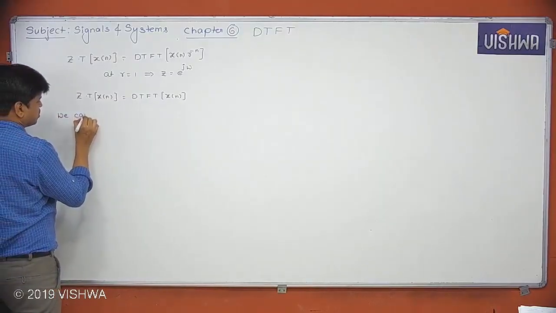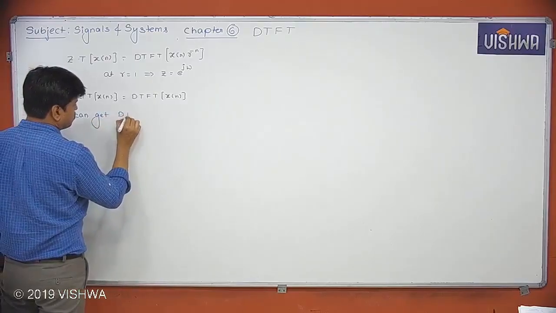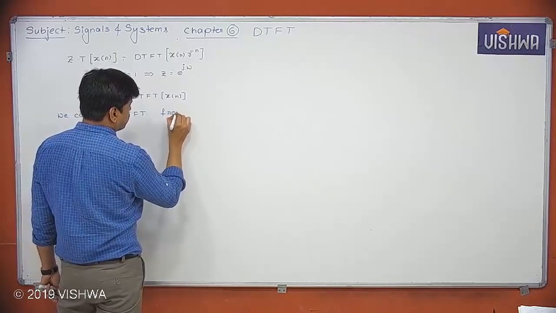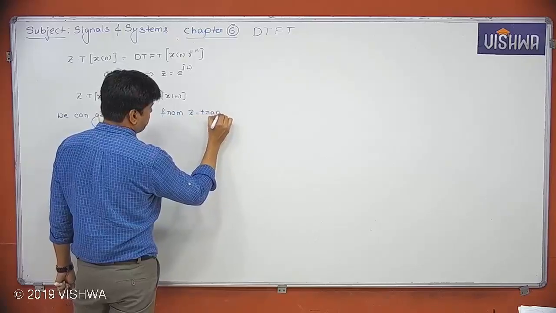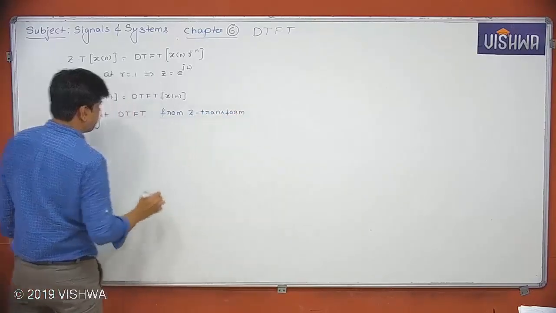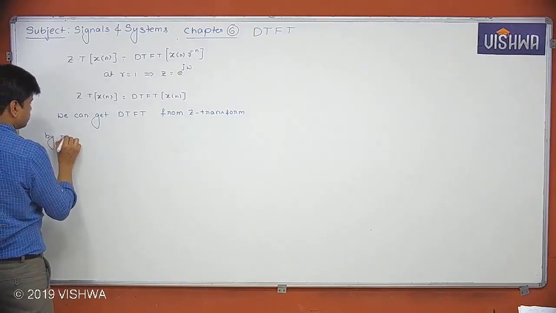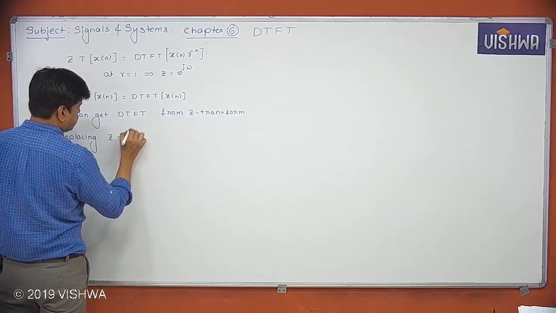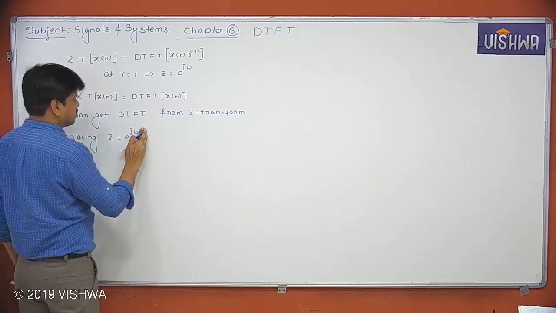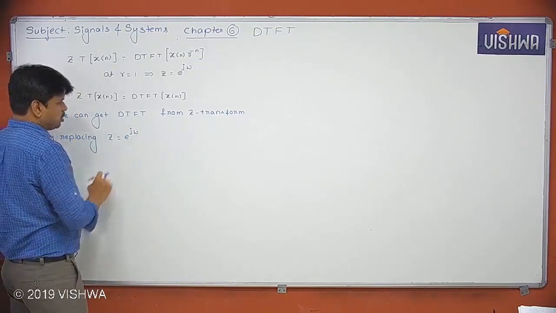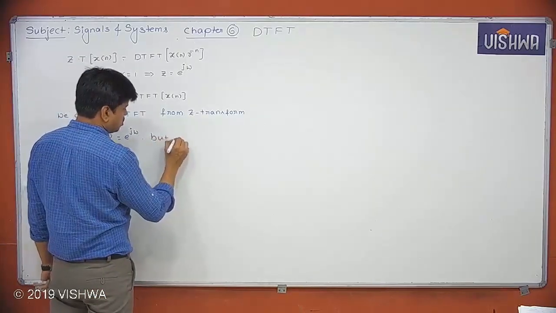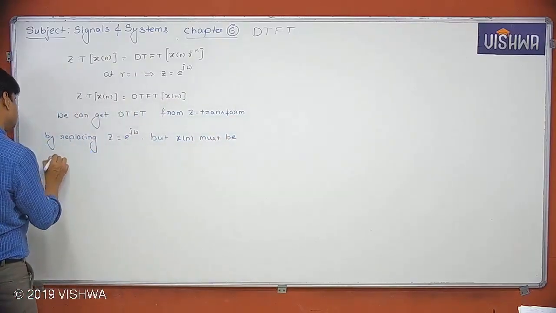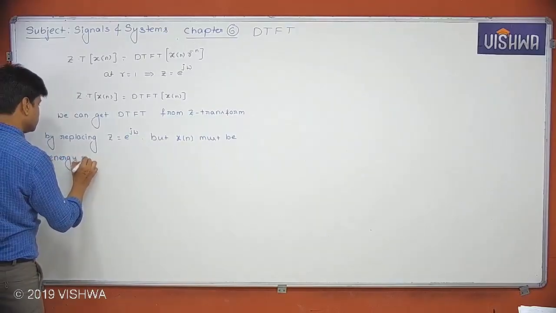We can get the DTFT from the Z-transform by replacing z equal to e power j omega, but x of n must be an energy signal.